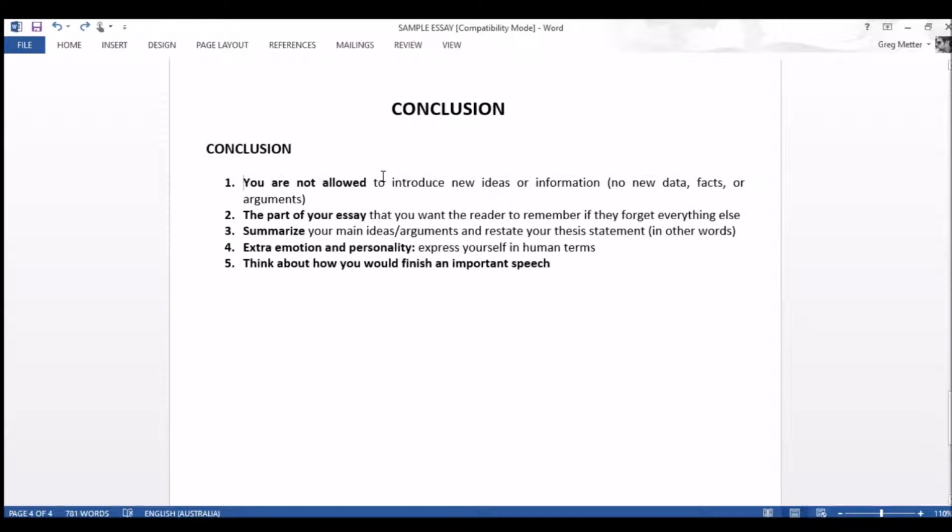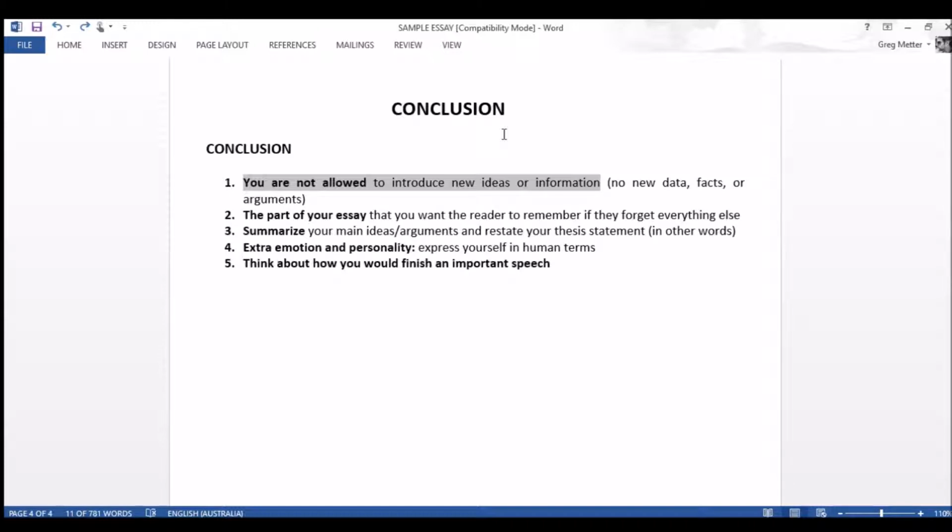Rule number 1, you are not allowed to introduce new ideas or information. What this means is that your introduction and your paragraphs should cover all of the facts, the ideas, the reasons, everything to support your thesis statement.